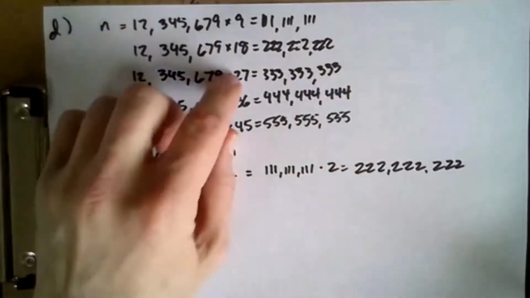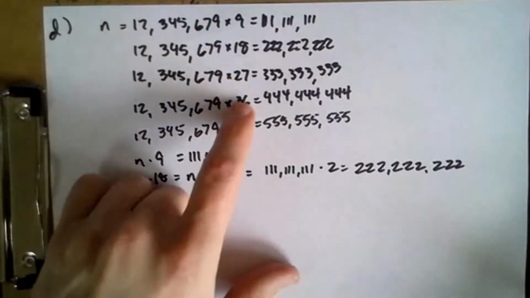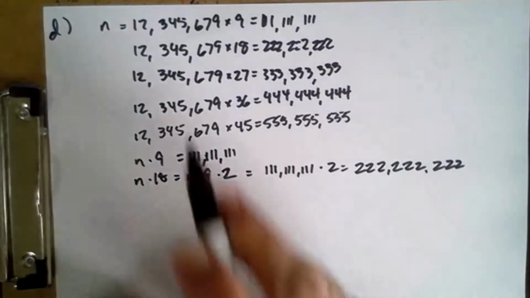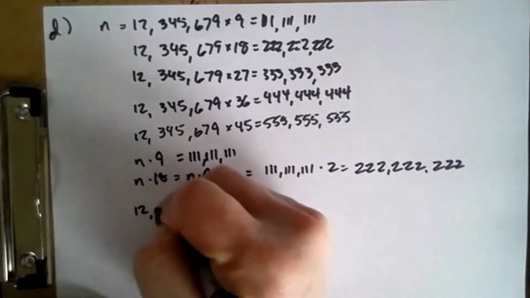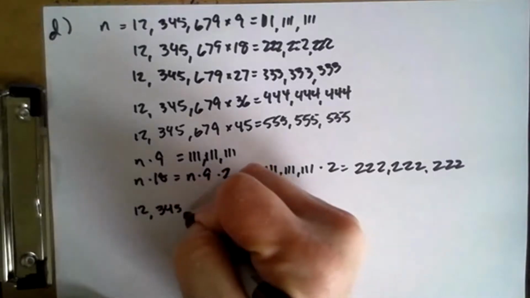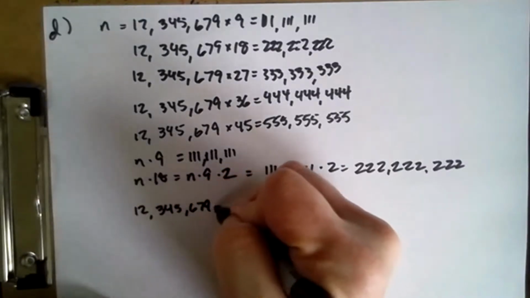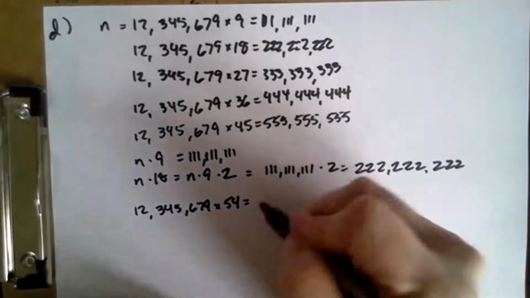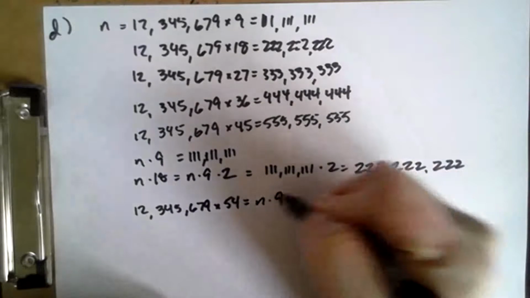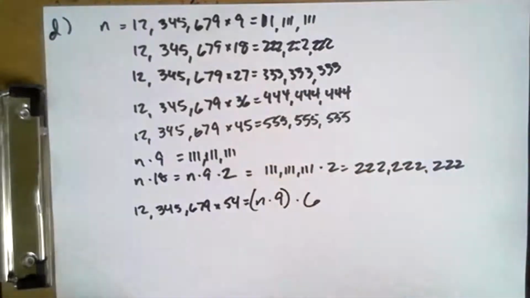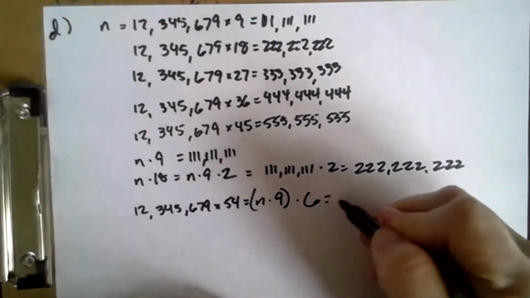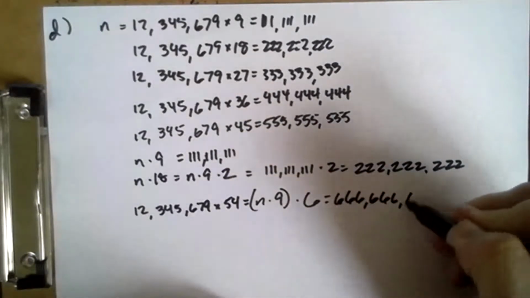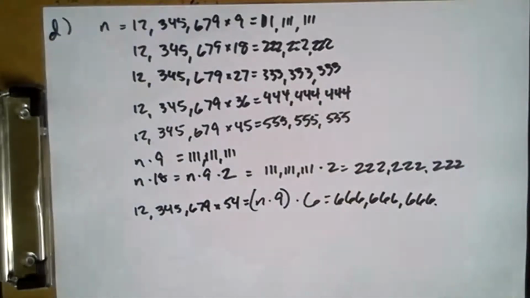And this follows from each of these because 27 is 9 times 3, 36 is 9 times 4, 45 is 9 times 5. So if we take 12,345,679 times 54, that's equal to n times 9 times 6, which will be 666,666,666.